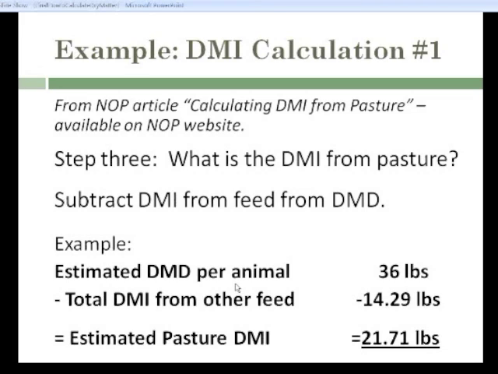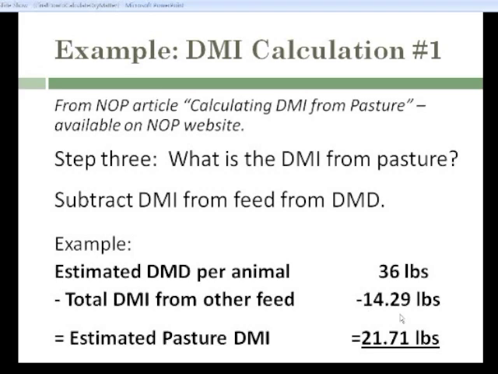So next we're going to calculate the amount of dry matter that is estimated to be coming from the pasture. And this is the subtraction step, where now that we have figured out the dry matter demand, so this is the amount that the animals are predicted to be eating, and this is the amount that they have measured as being fed in the barn from hay and grain, 14.29.